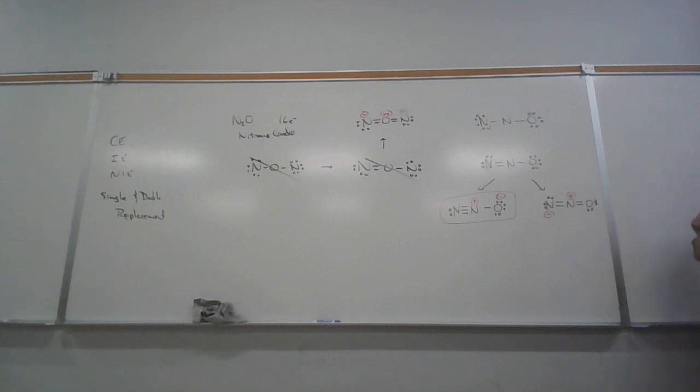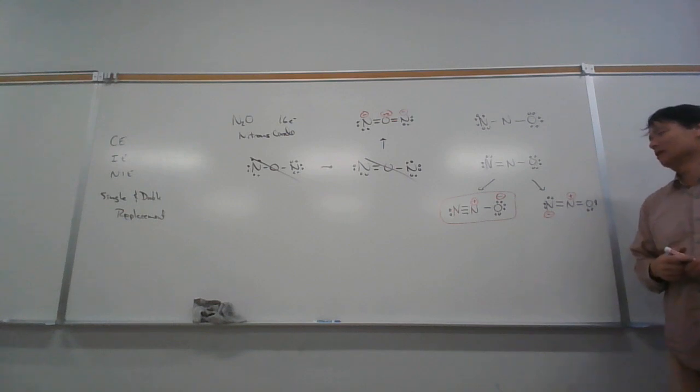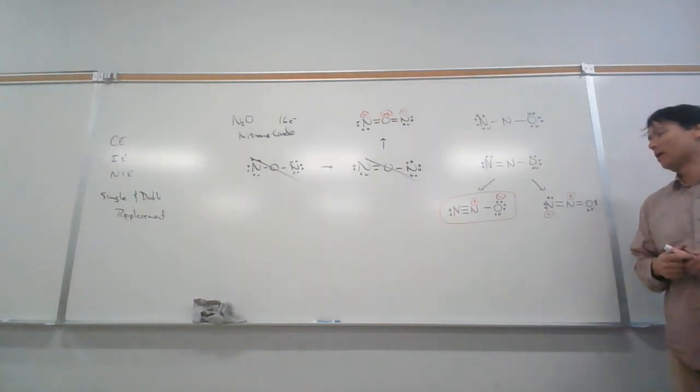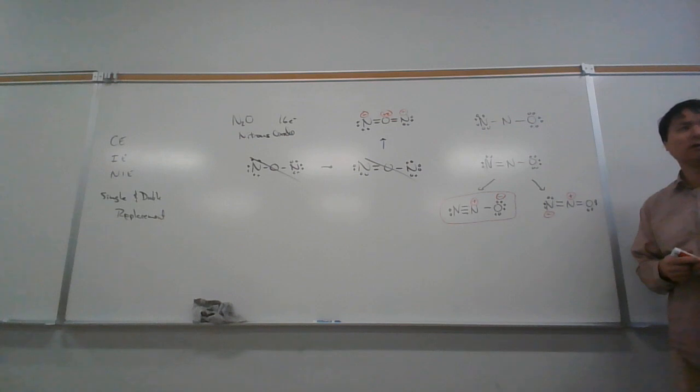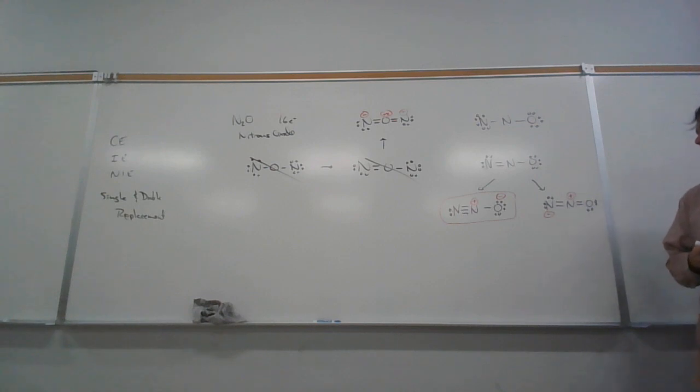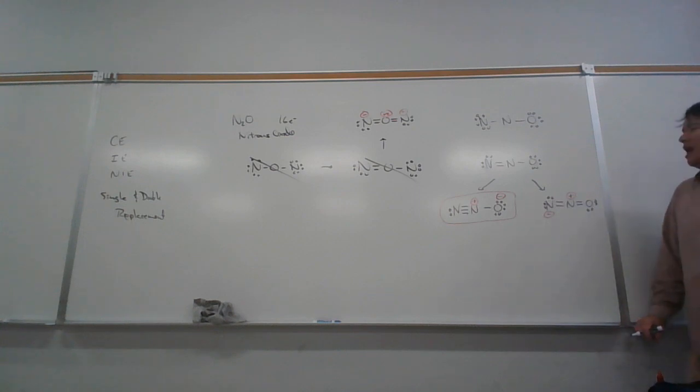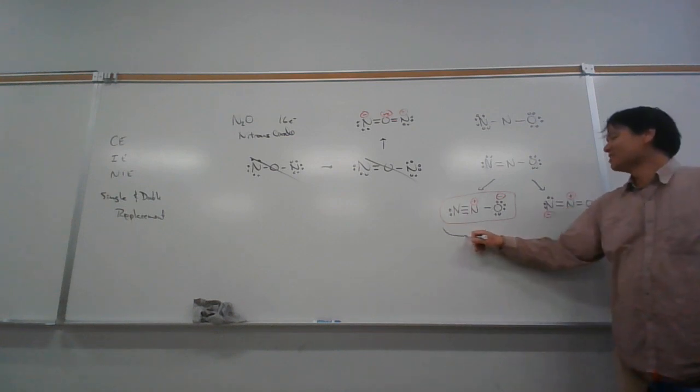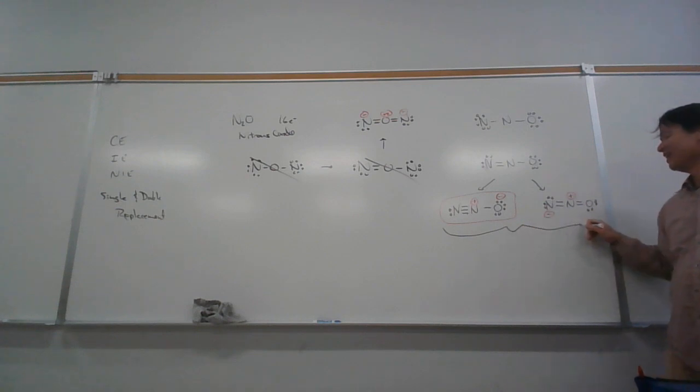Really, not that big. Nitrogen is a 3.0, oxygen is a 3.5. And so nitrogen is not so weak. And so what happens is we end up with a resonance hybrid here.